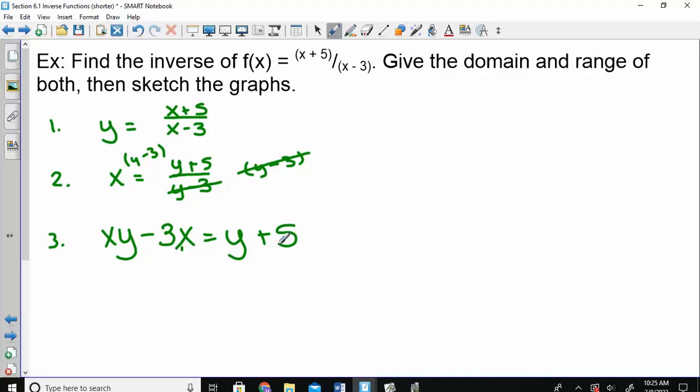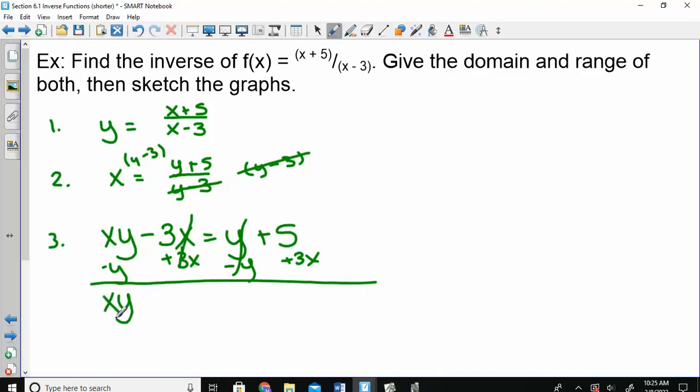We're trying to solve for y. Subtract the y. I'll add this 3x. So we get xy minus y equals 5 plus 3x.